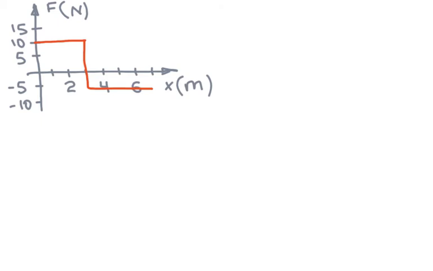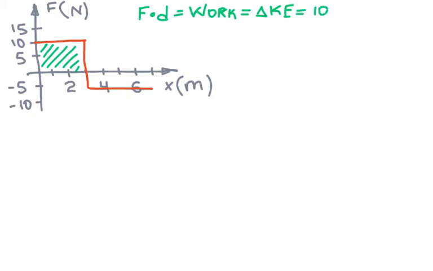So at first I'm going to see what this graph represents. The area underneath the graph is force times the distance, and force times the distance is equal to the work done on the cart, and that work is actually the change of the kinetic energy of the cart. So the force is 10 and the distance is 3 meters, so that gives me 30 joules.